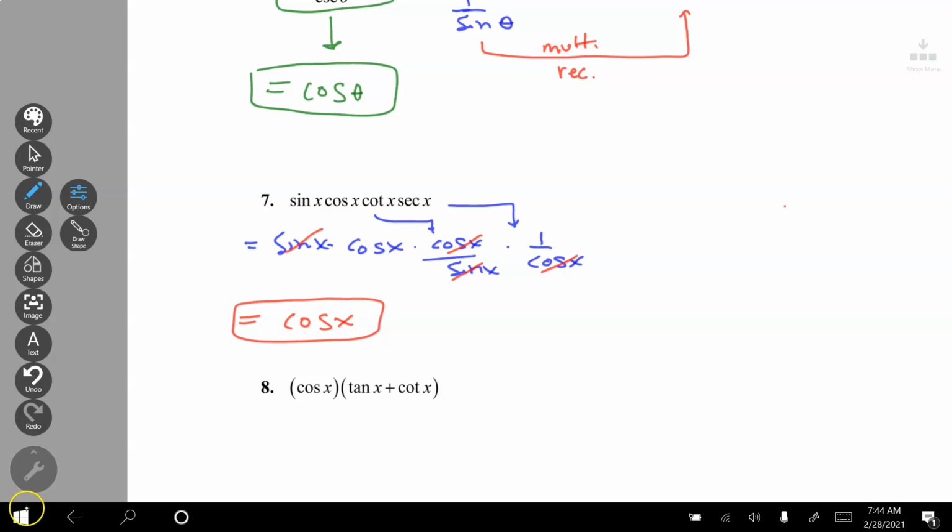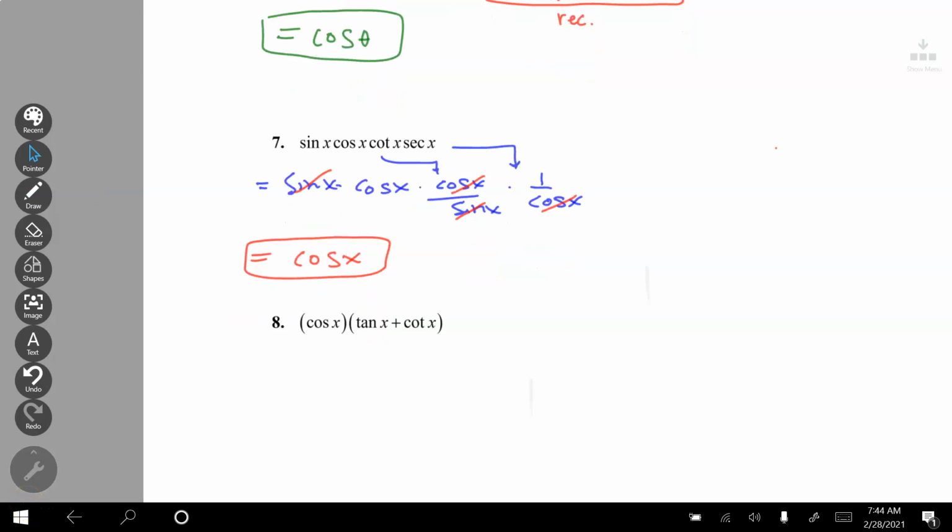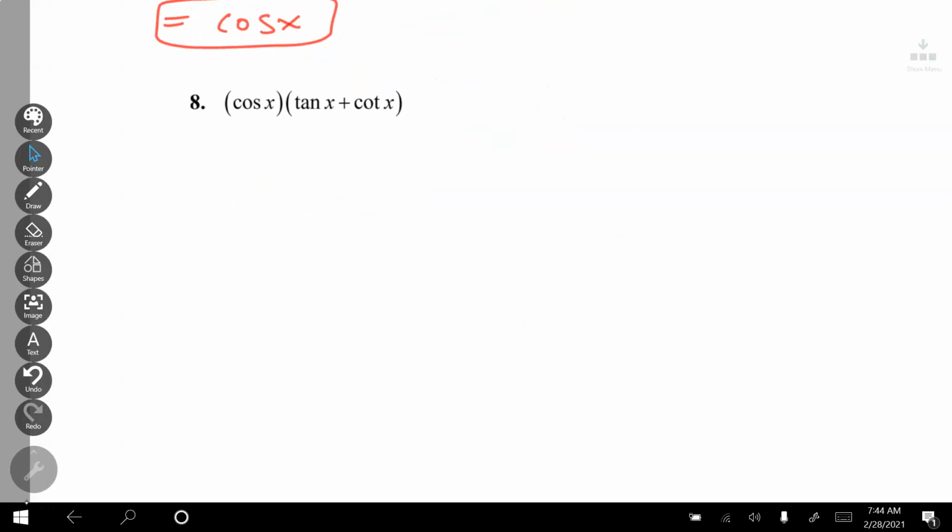Now finally this last problem. This last problem is going to be a little bit of work. Probably the first thing I'm going to do is rewrite this problem as cosine of x, and then rewrite tangent as sine of x over cosine of x, plus rewrite cotangent as cosine of x over sine of x. Okay, now I have these two fractions adding inside the parentheses.